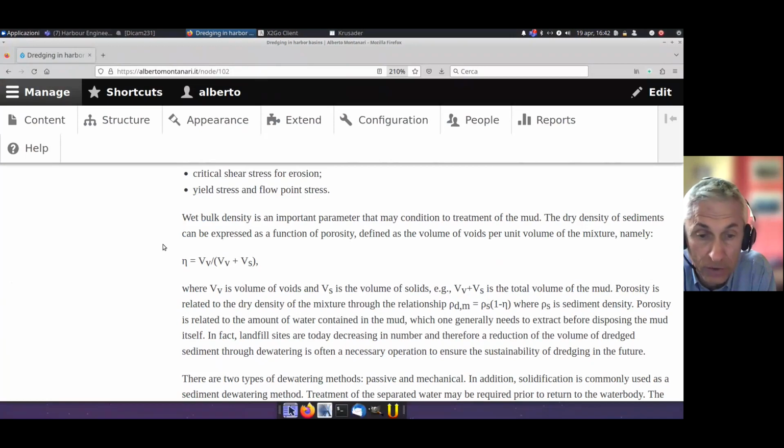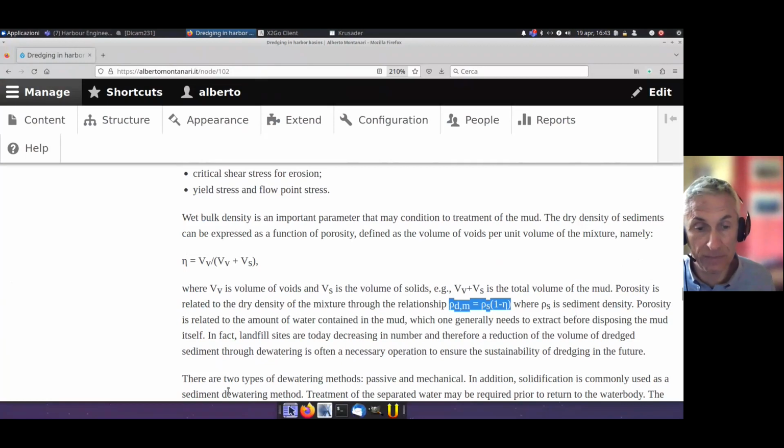In particular, if we indicate the dry density with this symbol here, ρdm, this is equal to ρs times 1 minus porosity, where ρs is sediment density. So the dry density is given by the sediment density, which multiplies 1 minus n.